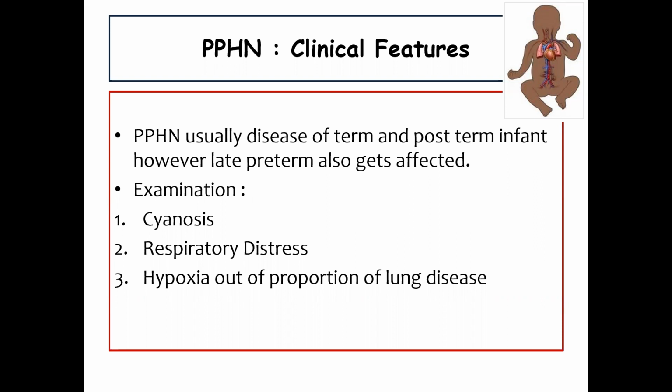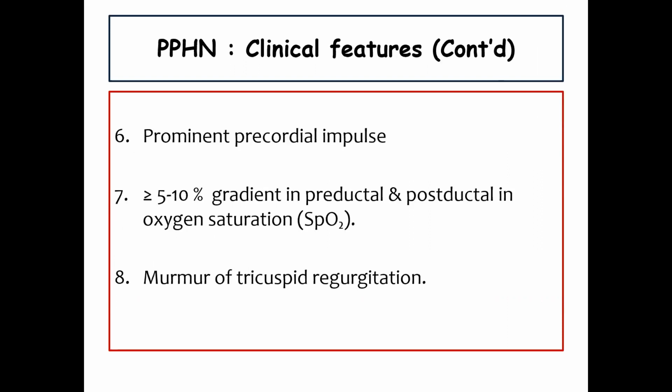One tends to see, even in secondary PPHN, secondary to parenchymal diseases, that hypoxia may be out of proportion to the symptoms of parenchymal involvement. So you may have more severe hypoxia and lability of saturations, which may be more predominant over the signs such as tachypnea, retractions, and increased work of breathing.